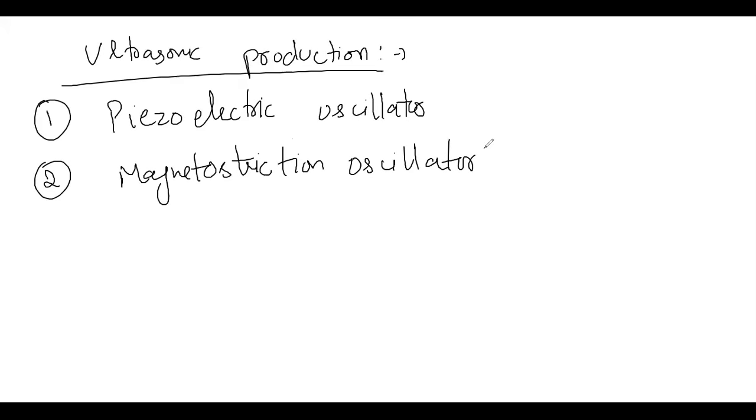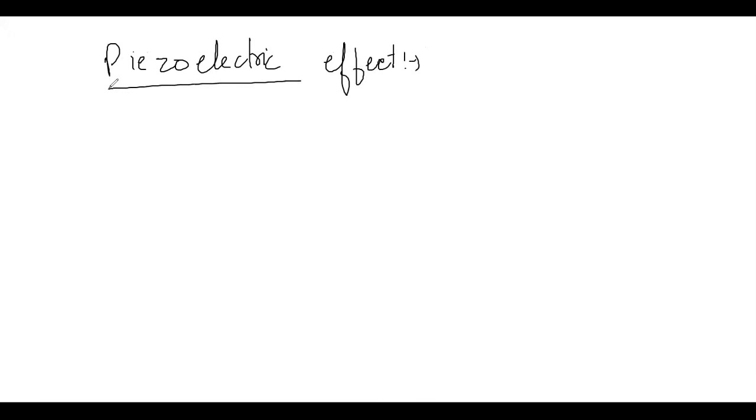Piezoelectric oscillator is basically based on the piezoelectric effect. And the piezoelectric effect is something very interesting. This effect is also used in your lighters, cigarette lighters or gas lighters.